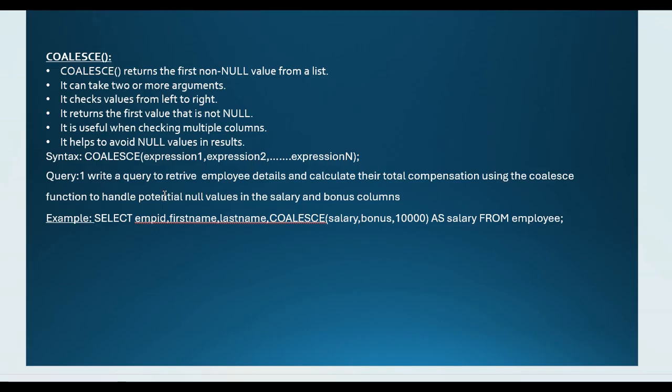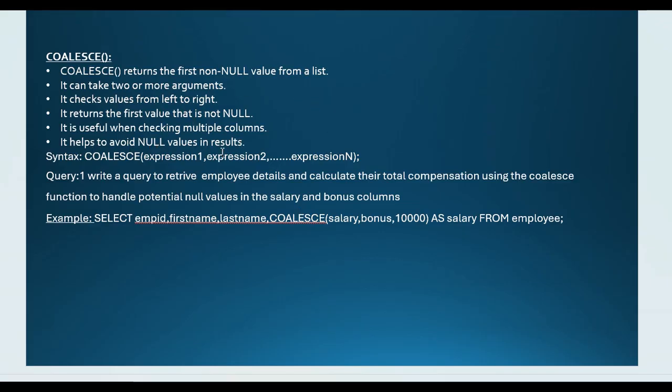The COALESCE function is also used to replace null values. But the difference between IFNULL and COALESCE is that IFNULL takes only two arguments, and COALESCE accepts two or more arguments. The COALESCE function returns the first non-null value from the list. It checks the values from left to right and returns the first value that is not null.